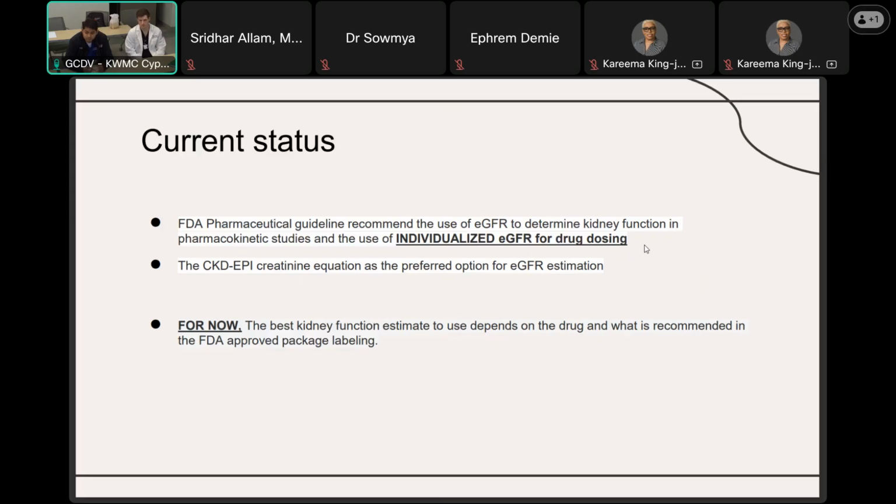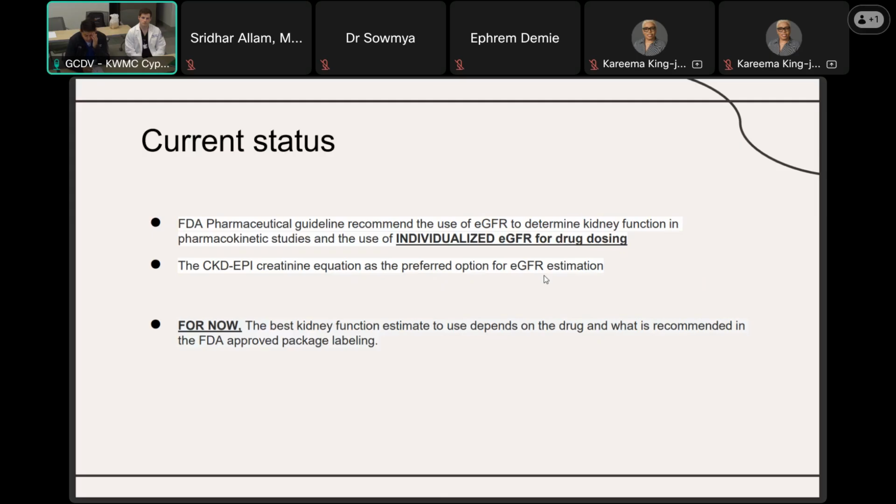Because as we saw, the individual GFR can be way different from what we are calculating using CKD-EPI. That will give you a lot more individualized pharmacotherapy for our patients, especially more complex patients and patients in the ICU. As of now, CKD-EPI is the creatinine equation that the FDA recommends to be the preferred option for eGFR calculation.